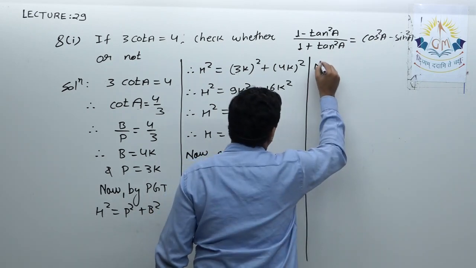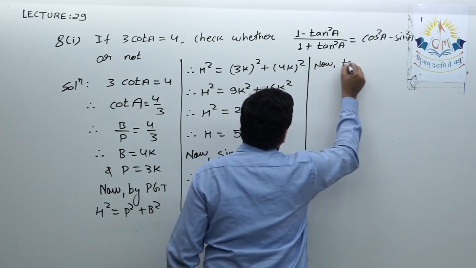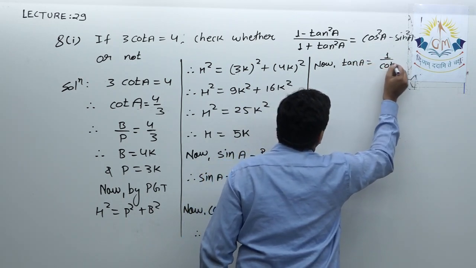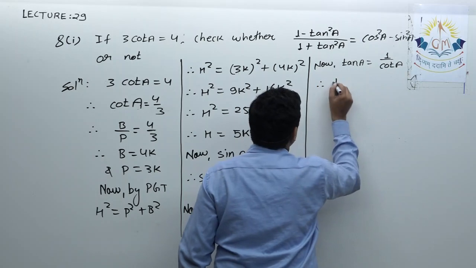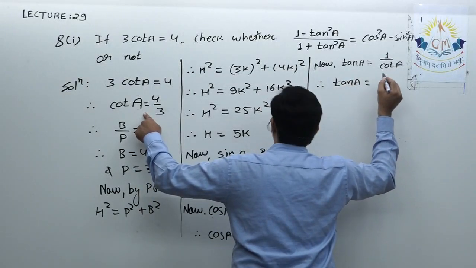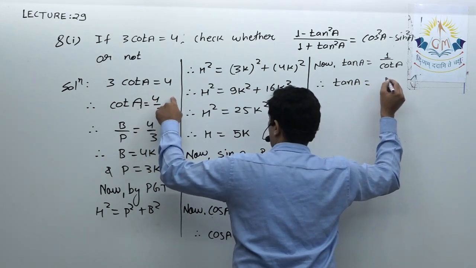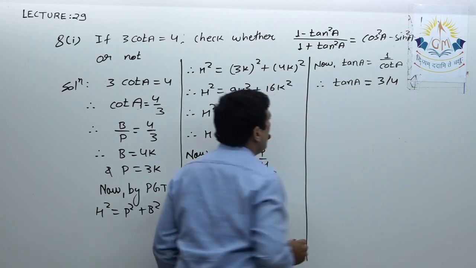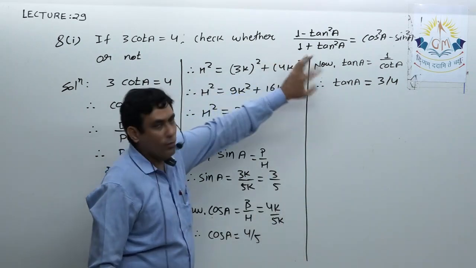Definitely tan A is equal to 1 upon cot A. Therefore tan A is equal to the reciprocal of 4 upon 3, that is 3 upon 4. So now I have the values of tan, cos and sin.